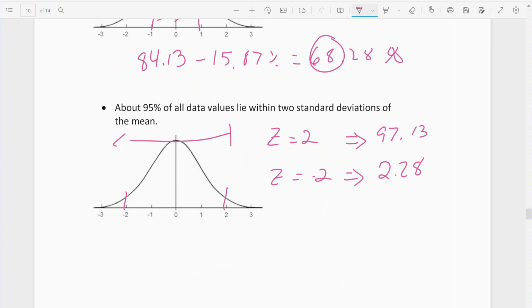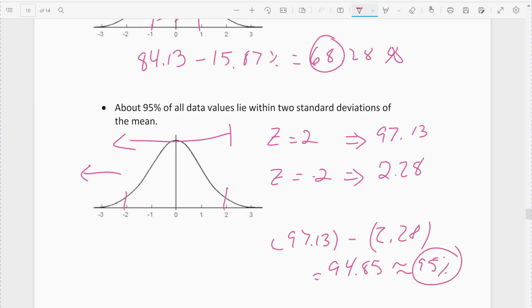Again, we take the bigger one minus the smaller one. So 97.13 minus the 2.28 should be close to 95. It comes out to be 94.85. So again, we'd round that to 95.